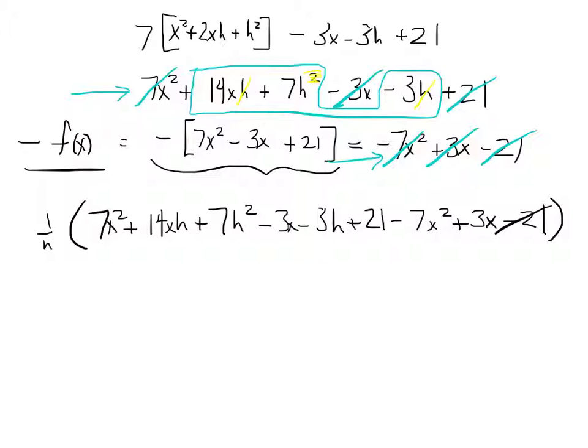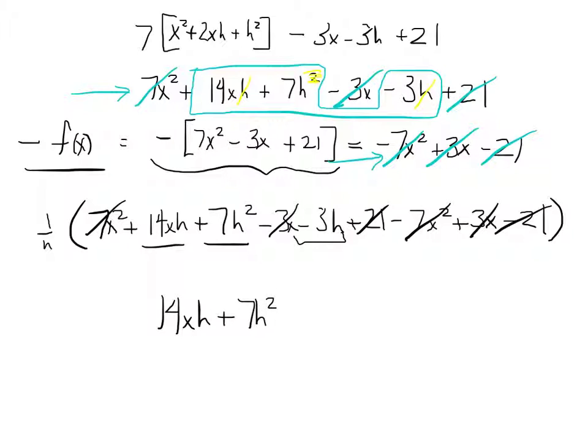I'm going to go through the same canceling exercise. So we're left with, you could say, be careful to drag this negative in front of the 3h down to the next step. Exactly. It's real easy to forget that sort of thing. So 14xh plus 7h squared minus 3h, all over h.